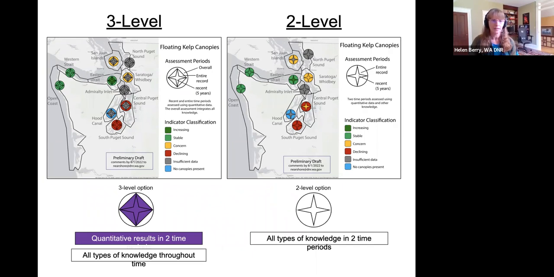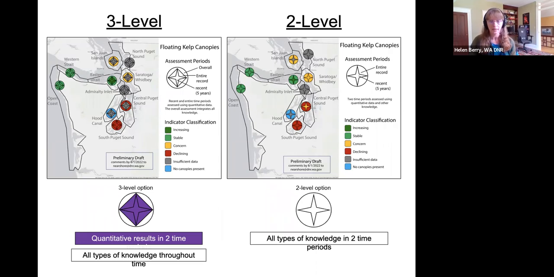That's the inner cross and the diamond shown in purple here. In contrast, the 2-level map doesn't distinguish between types of knowledge. It just integrates all of our knowledge into a recent, which is the cross, and the entire data record, which is the circle. So you'll notice the overall conclusion of the 2 maps is the same.